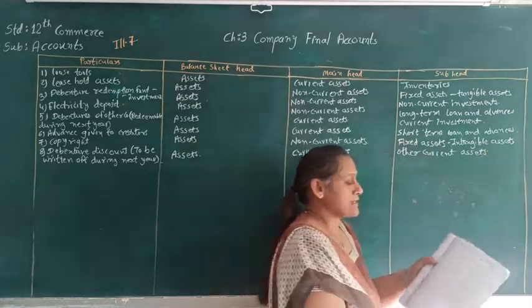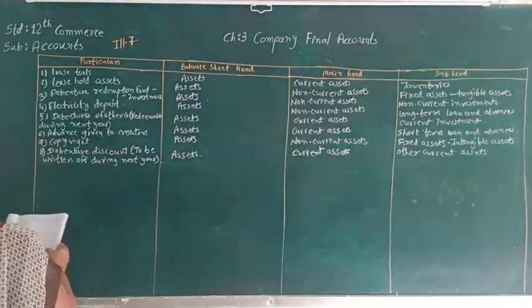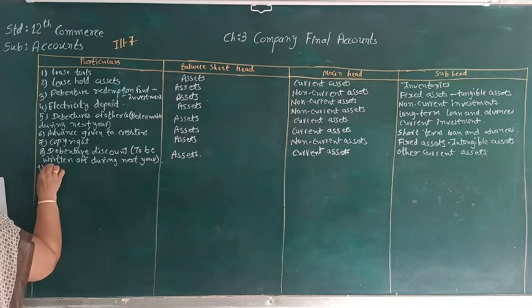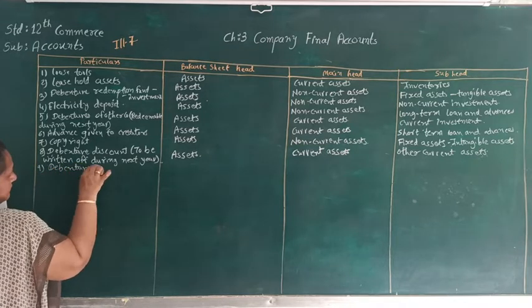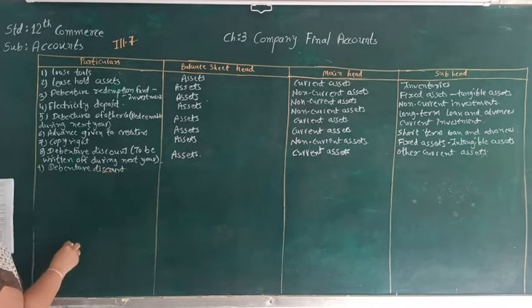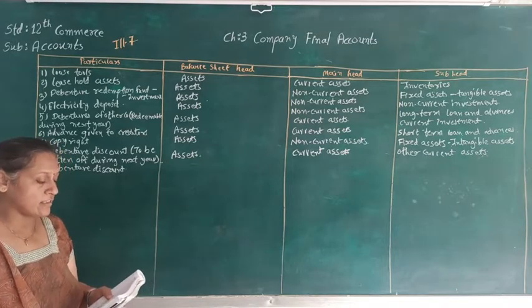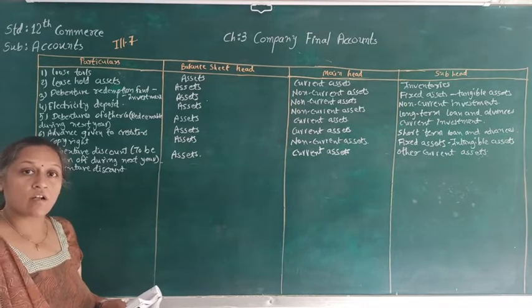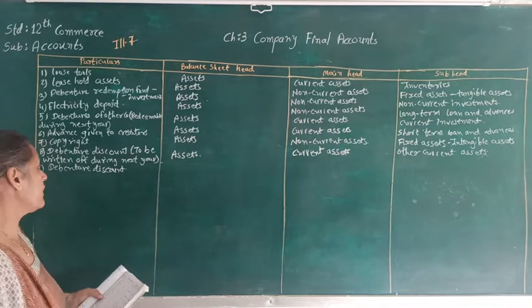Now let's see, the next one is again debenture discount, and this discount is written off after the next year. That means it is for a long period of time, and that's why it will be shown as a non-current asset.